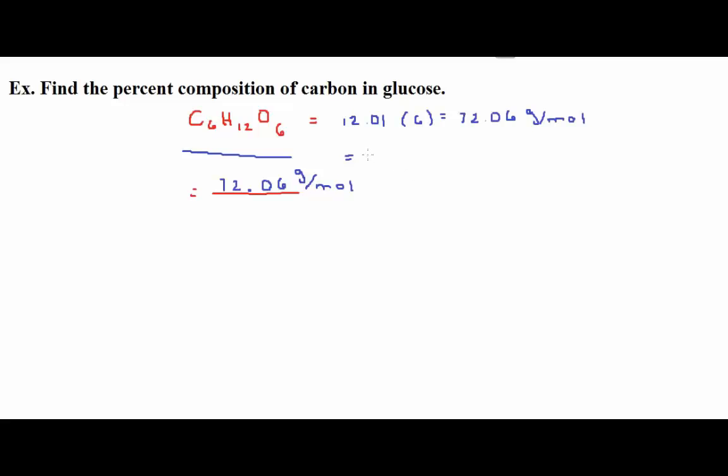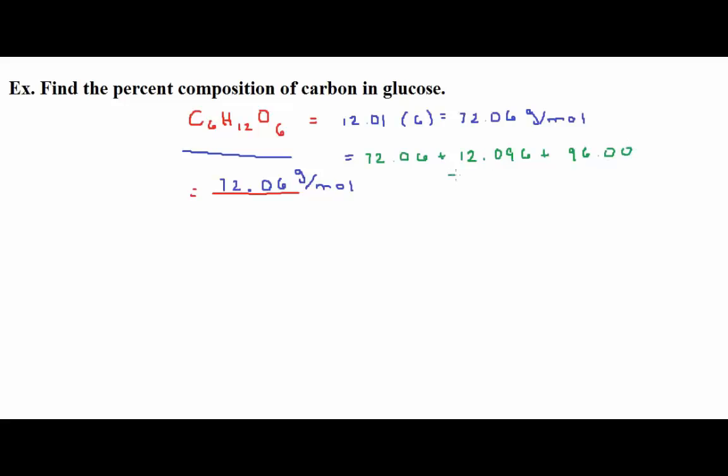So I know that the mass that carbon contributes is 72.06 grams per mole. Hydrogen has an average atomic mass of 1.008. But there are 12 of them, which means I need to multiply 12 by 1.008, and I get 12.096. And then to that, I'm going to add the mass that oxygen contributes, which is 16 grams per mole, but there are 6 oxygen atoms, so it's going to contribute a total of 96.00 grams per mole.